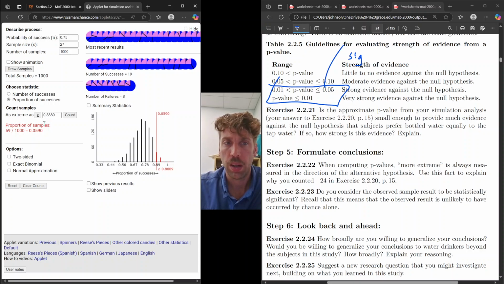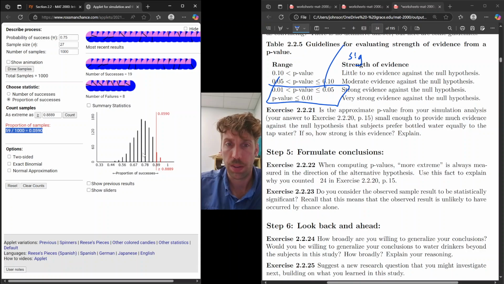And so then I'm counting how many things are as extreme or more as my sample. So my sample, I got a 0.8888 for my p hat, and so then I say the p-value measures how many other simulated things got that amount or more extreme in the direction of the alternative hypothesis.